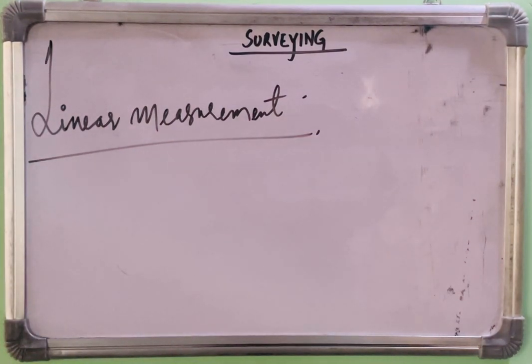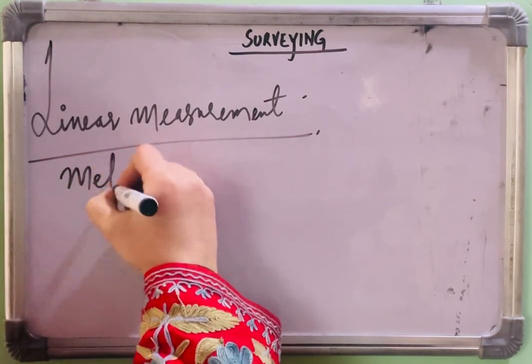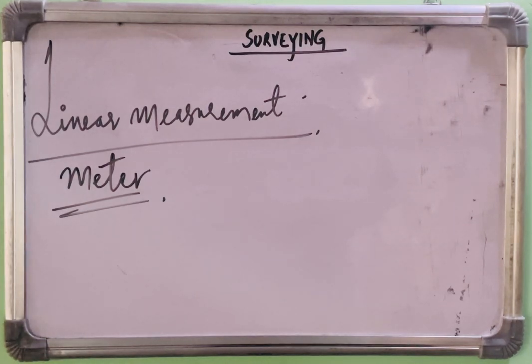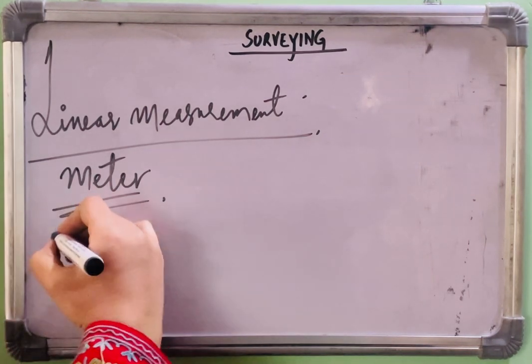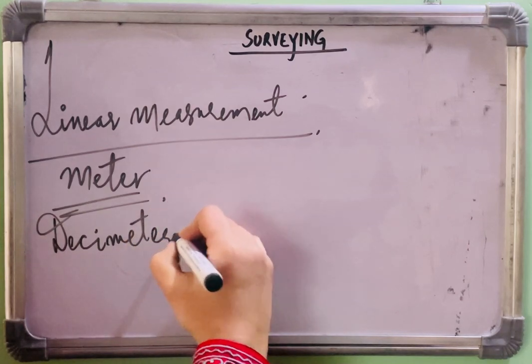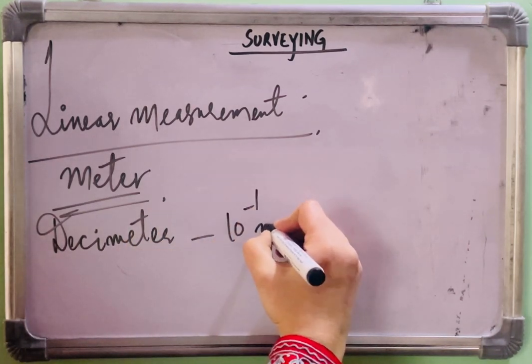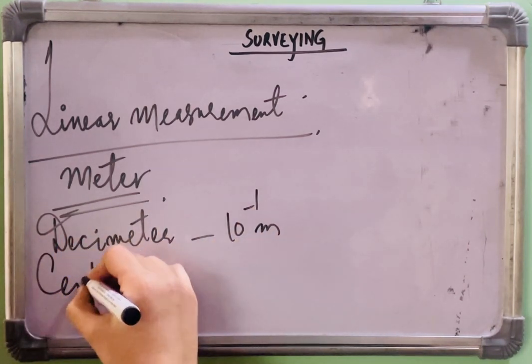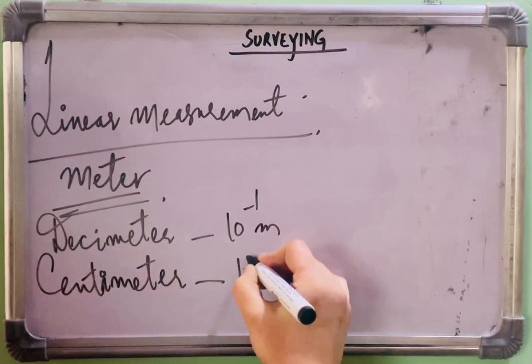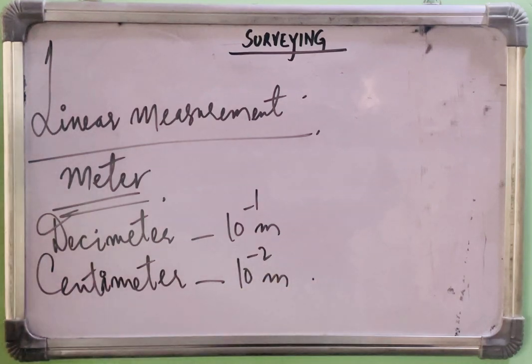The unit of linear measurement is the meter, right? And in addition to the unit meter, we sometimes use its submultiples like decimeter, centimeter, or millimeter as well.